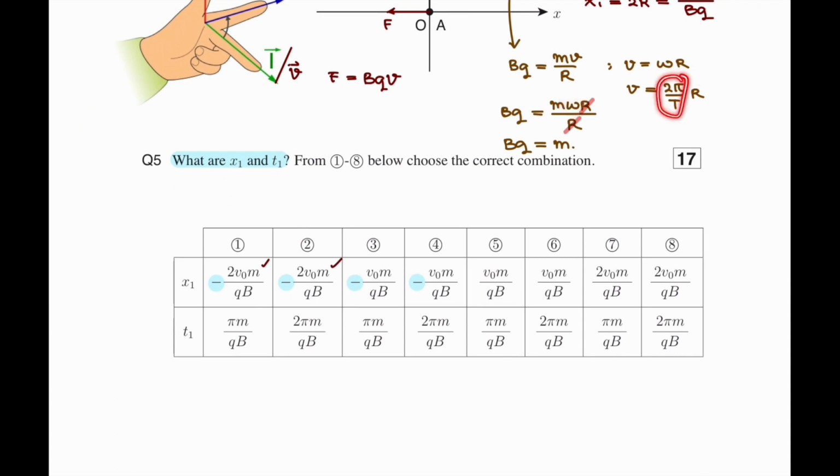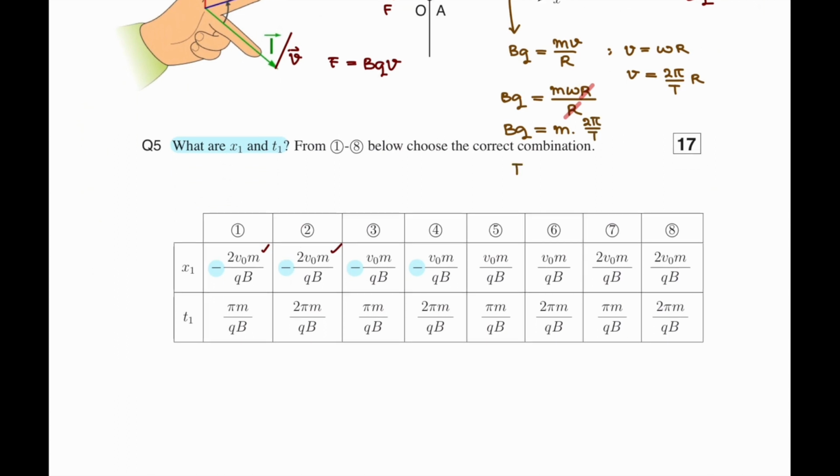Omega is 2 pi over T. From this equation, of course, you can solve for T: 2 pi M over BQ.